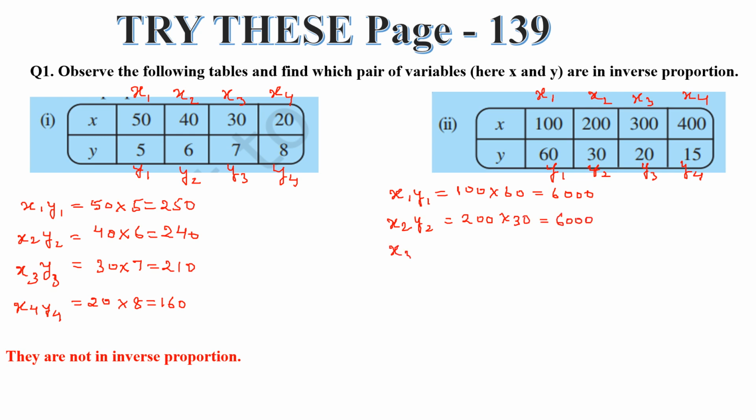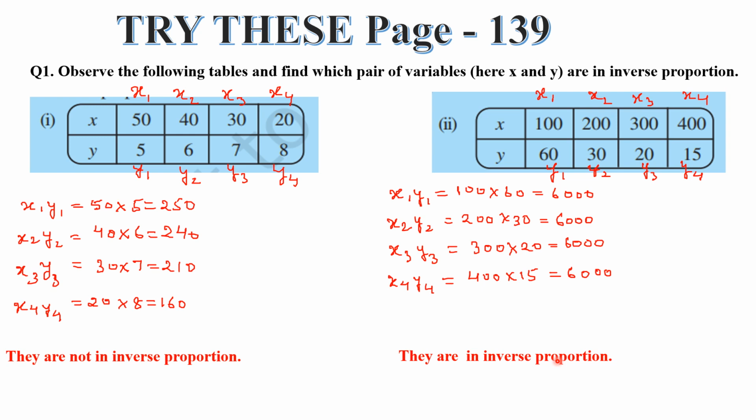Then x3, y3, this is 300 into 20. This will give me again 6000. So till now you can see in each case I have got the same value. Now x4, y4, if I have to find, it is 400 into 15. And here also I have got my value as 6000. So from here you can see that x1, y1, x2, y2, x3, y3 and x4, y4, they all are constant, which is 6000. So from here I can say they are in inverse proportion.